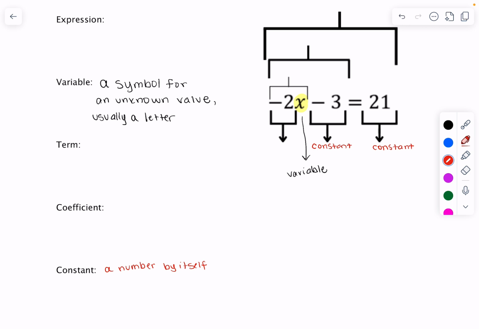Then the next vocab I want to talk about is this word term. Term is something that's going to come up a lot. A term is either a single number. In fact, let's say a term is a constant or variable.